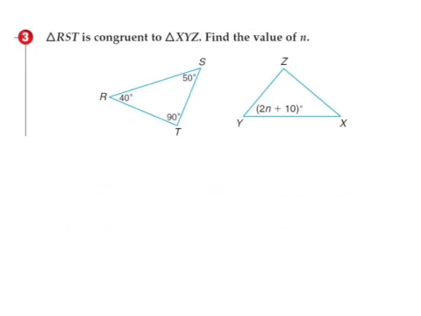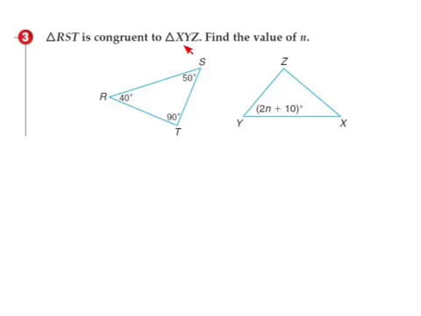Finally, let's look at example 3. Here it states that triangle RST is congruent to triangle XYZ. Well, if we want to find the value of n, we need to make sure we can find the angle that corresponds to angle Y. Again, we can look at our congruence statement here.